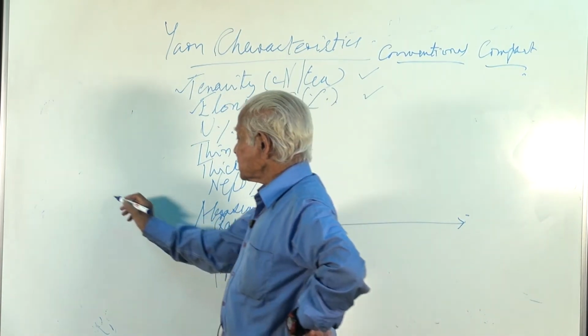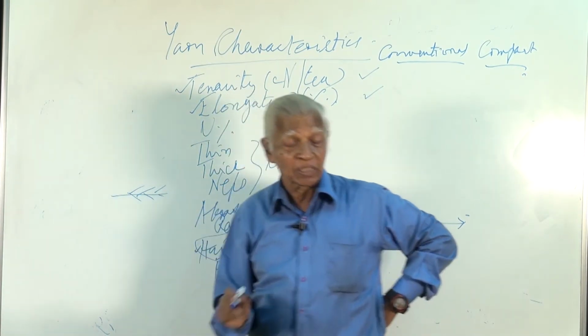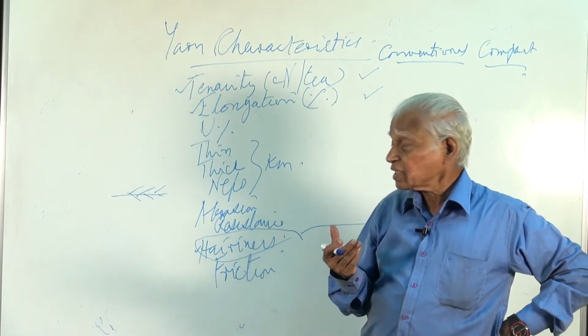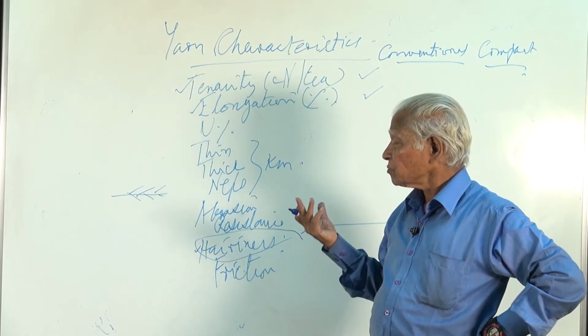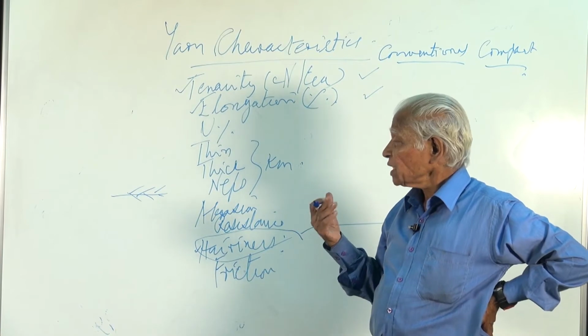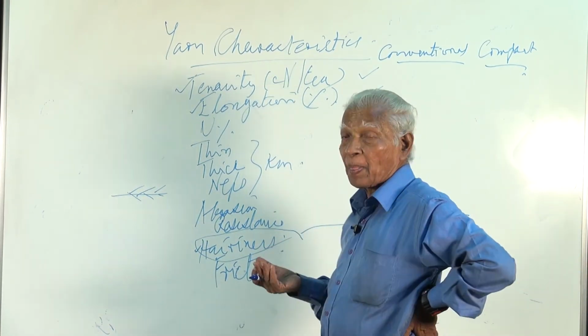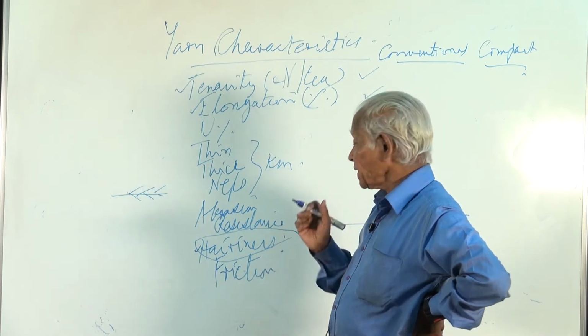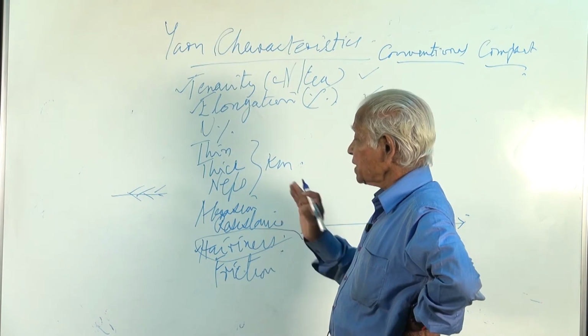Hairiness is nothing but the protruding fibers on the yarn. If there are more protruding fibers, then processing becomes difficult, and the appearance of the fabric also will be impaired. So producing a yarn with less hairiness is an advantage even for the knitted fabric. In fact, prior to knitting, singeing of the yarns is advocated in order to see that the protruding hairs are removed.